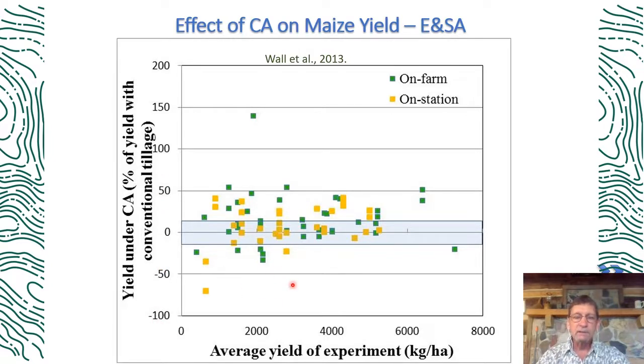But if they're below the line, it means that CA actually produced less than conventional. So as you can see here, often we do get higher yields, but at other times we don't get as high a yield with conservation agriculture, the 3 principles alone.